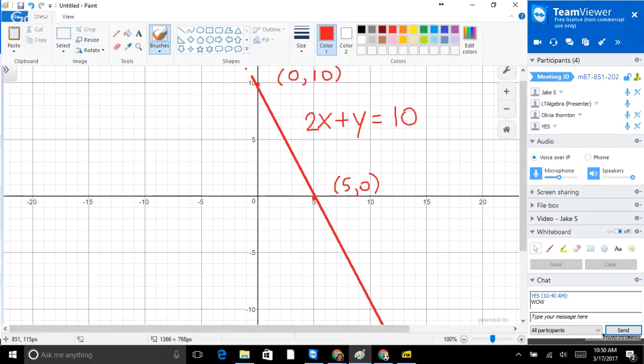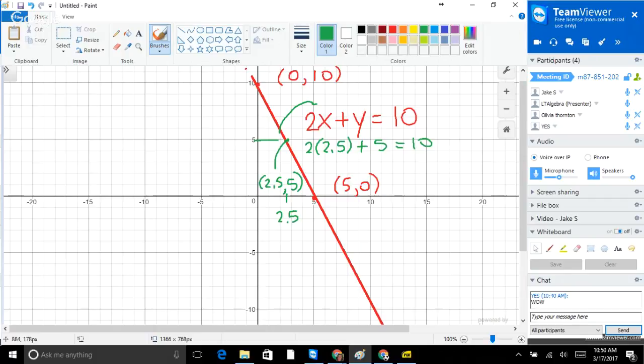So if I did this right, let's take this point right here. This is when x equals about 2.5 and y equals 5. If I plug that into my equation, 2 times 2.5, because that's my x, plus 5, does that equal 10?